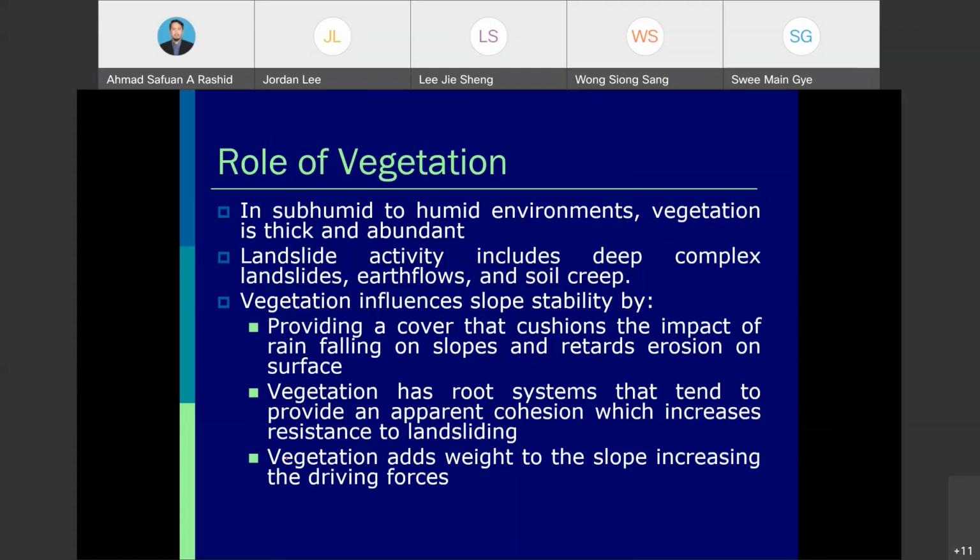The root system can provide additional tensile strength, which can increase the resistance to sliding. However, the weight of this plant can also contribute to the driving force.